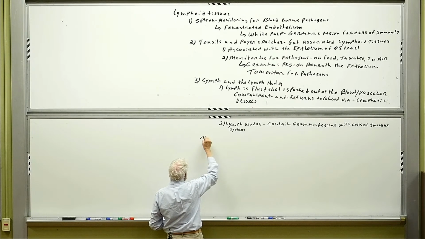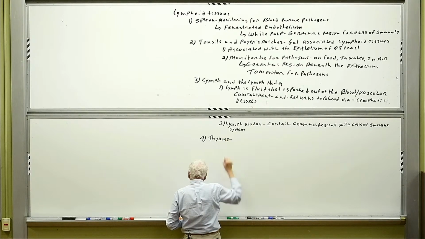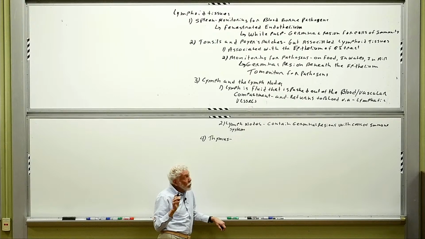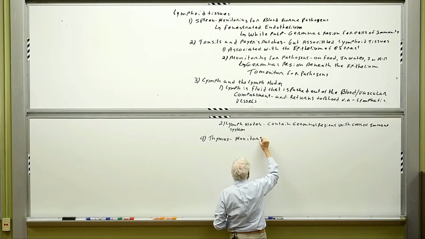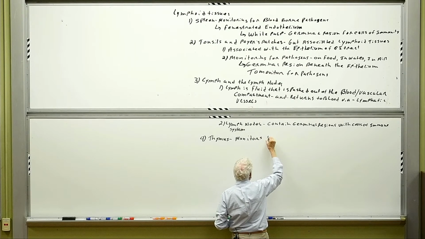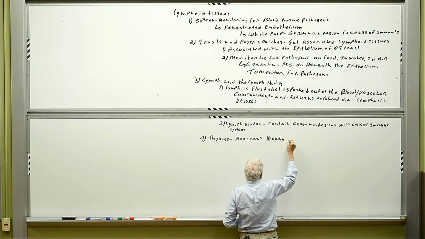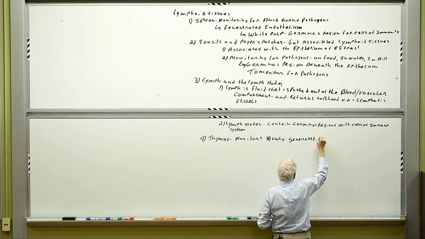The fourth lymphatic tissue is going to be the thymus. And the thymus has an entirely different function. The thymus monitors newly generated T lymphocytes.